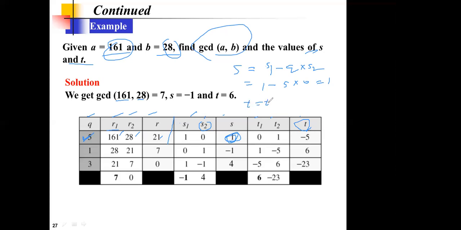T is here T1 minus Q into T2. তার মানে T1 হচ্ছে কত আমাদের? T1 হচ্ছে 0 minus Q হচ্ছে 5 into T2. T2 হচ্ছে আমাদের 1. That means -5.